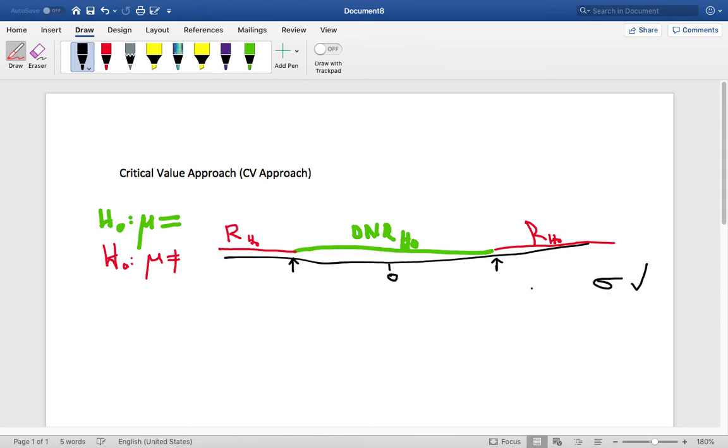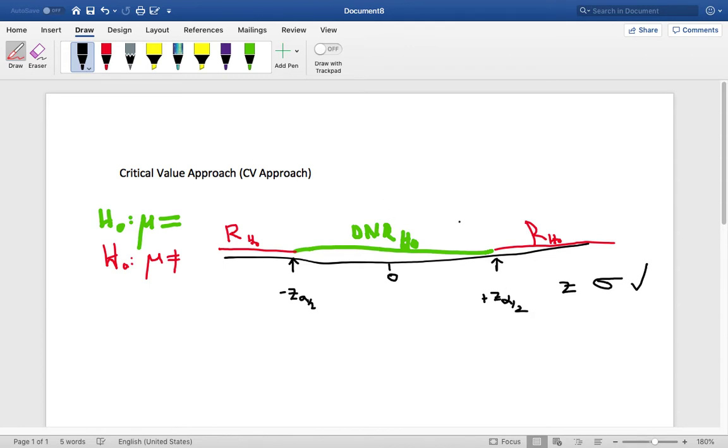If it's known, then we use a z distribution, and under those circumstances, the critical values are going to be minus z of alpha over 2 and plus z of alpha over 2.